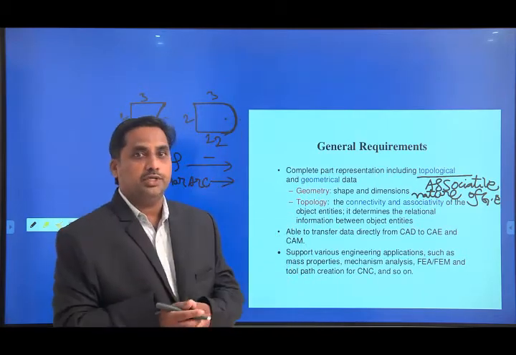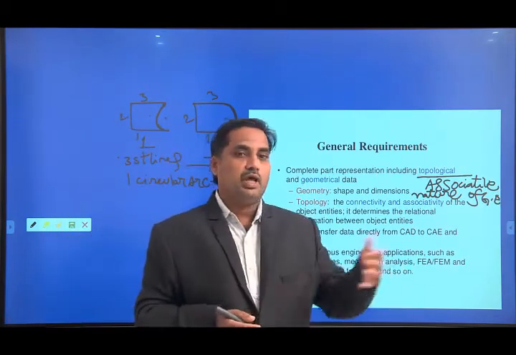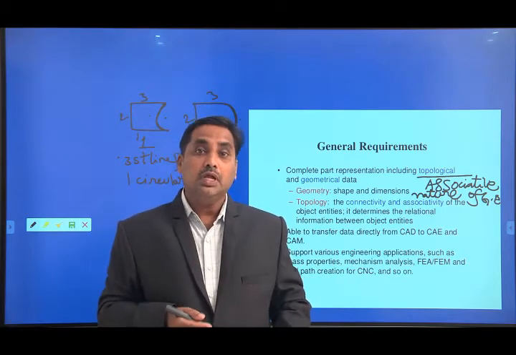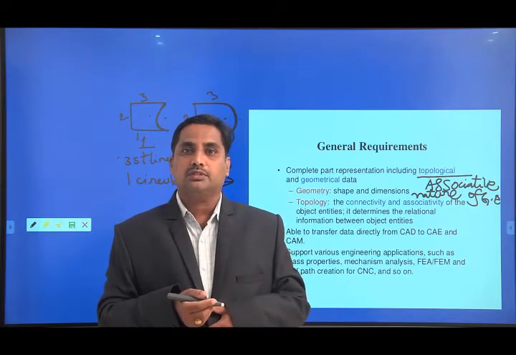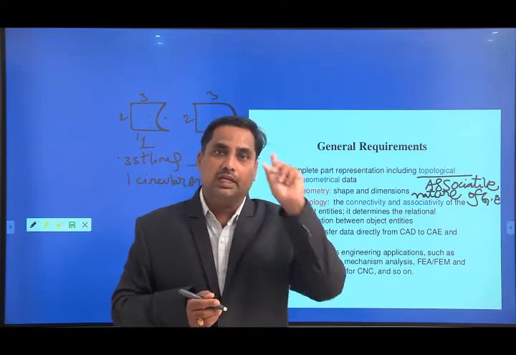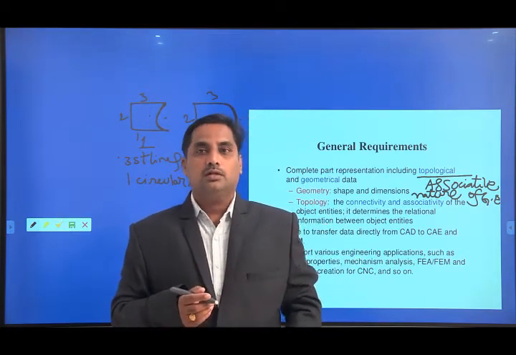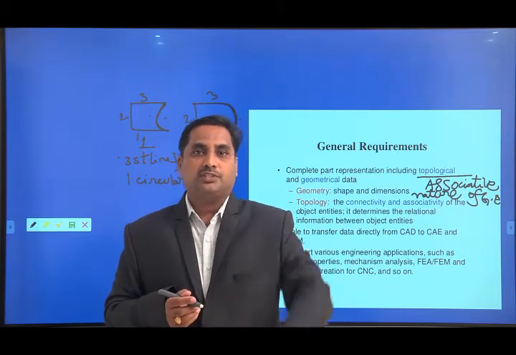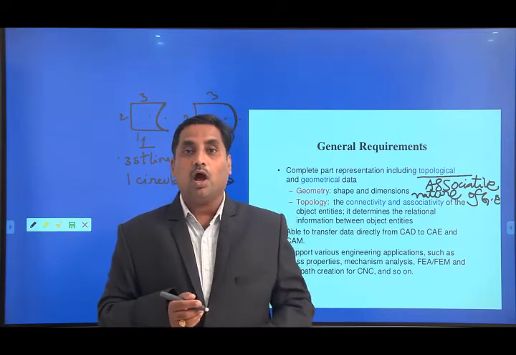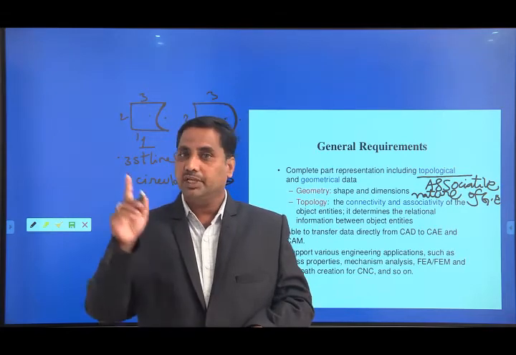What is meant by association? Suppose there are 10 individual persons, and those 10 individual persons work together for a single cause, a single objective or single motive, then all these 10 persons are called associated for a single task.